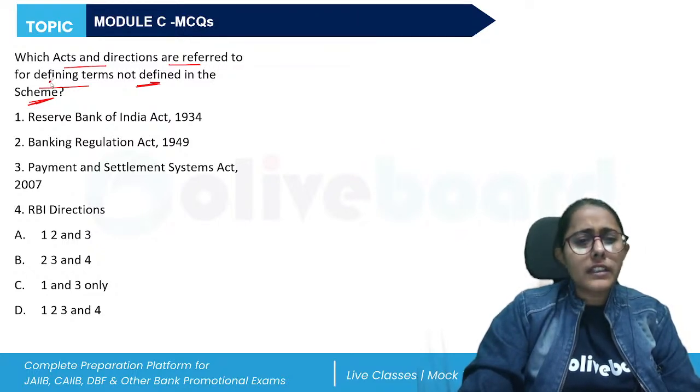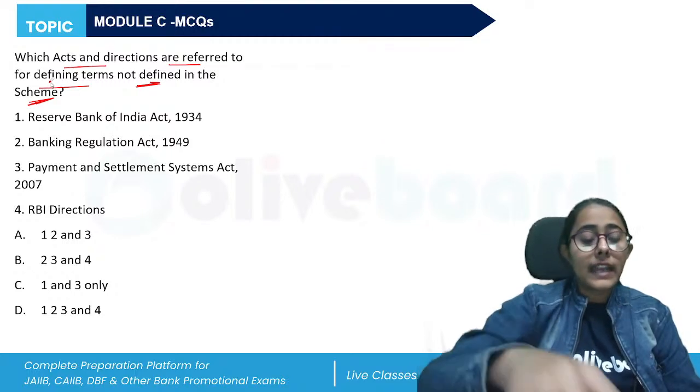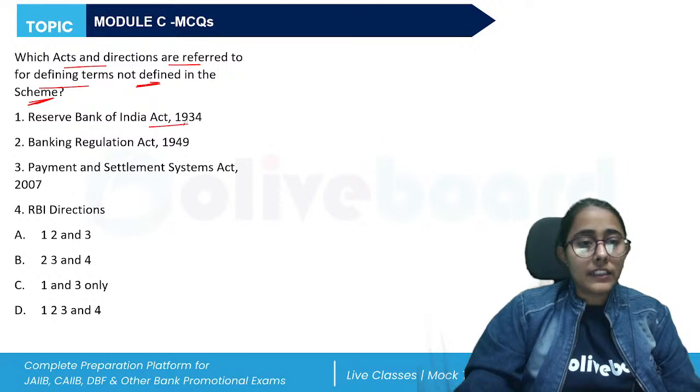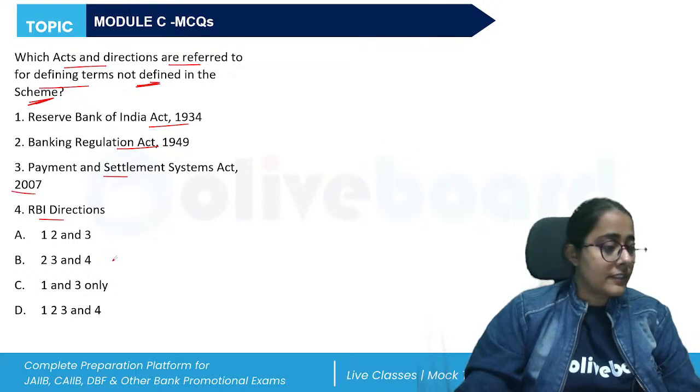Apart from the award, the complaint, deficiency in service, deputy ombudsman, regulated entity, all of these definitions are given. But apart from that also, certain acts contain the definitions. So the Reserve Bank of India Act 1934, the Banking Regulation Act 1949, Payment and Settlement Systems Act 2007, and the RBI directions.